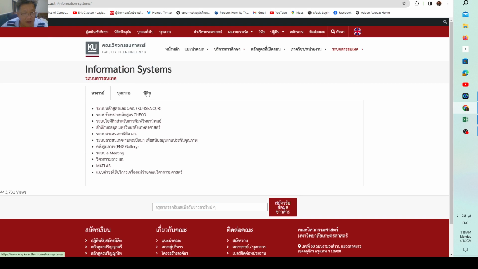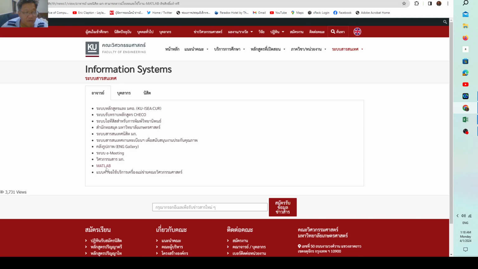And you can see that there's no MATLAB for this personnel, they didn't need it. But for the lecturer and for the student, over here you have a sub menu called MATLAB. You can install MATLAB on your computer through this process.